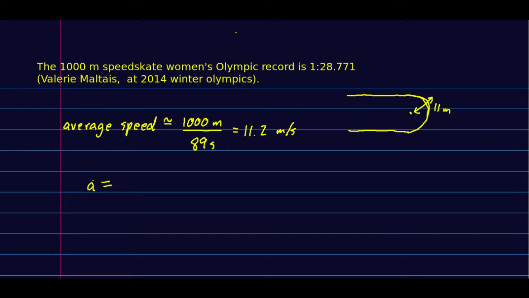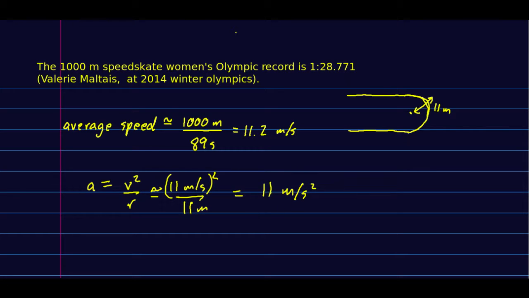Remember, I'm not putting a vector symbol on this because this is a magnitude of an acceleration, and it's going to be v squared over r, where that v is the speed. So that's pretty much 11 meters per second squared over 11 meters. Note, this is all going to come out in meters per second squared, and 11 squared divided by 11 is 11.